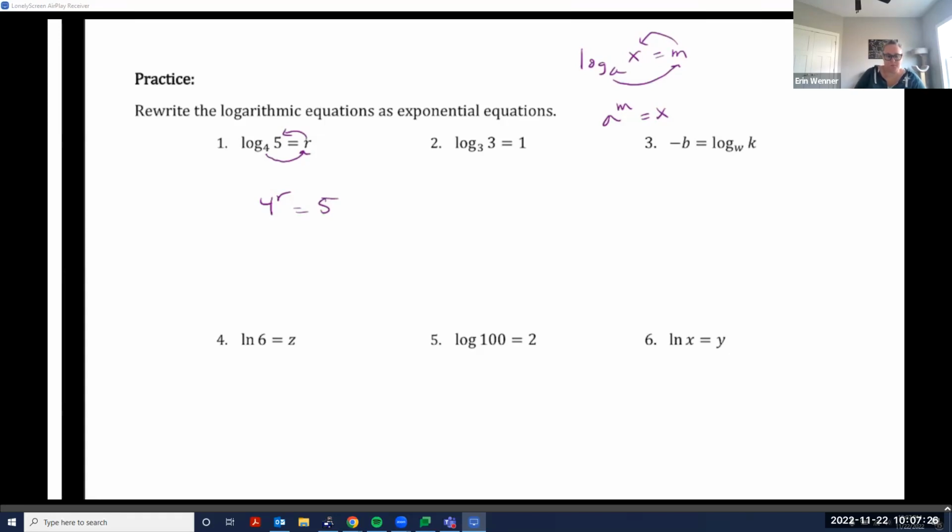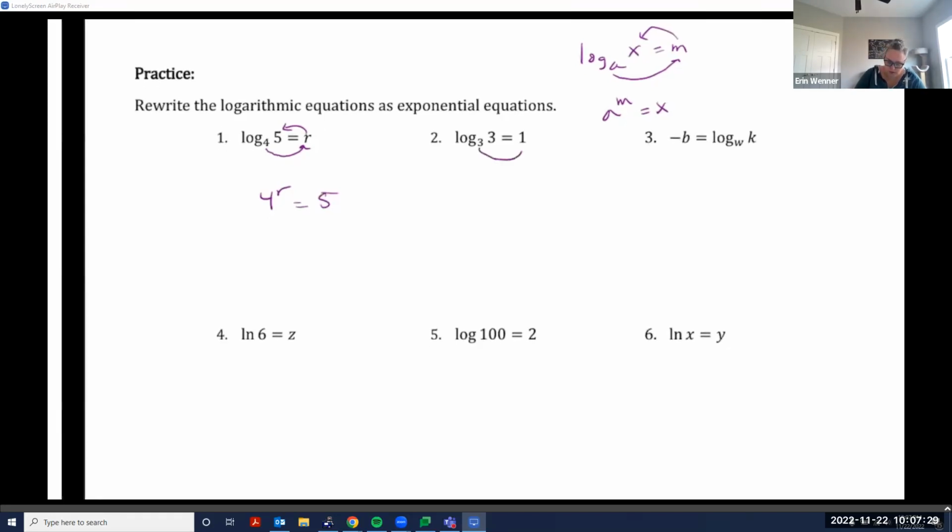So we're going to do 3 to the 1st equals 3.